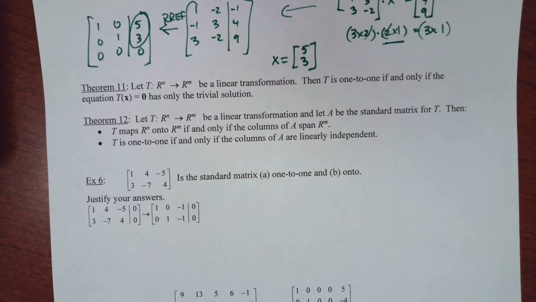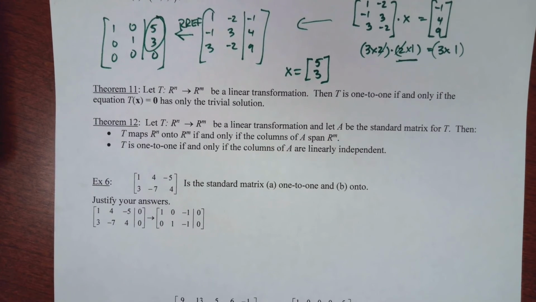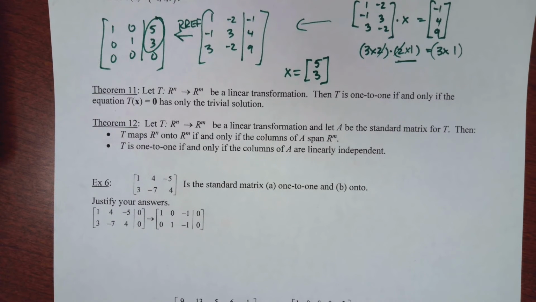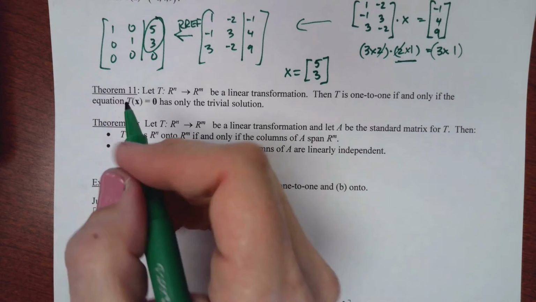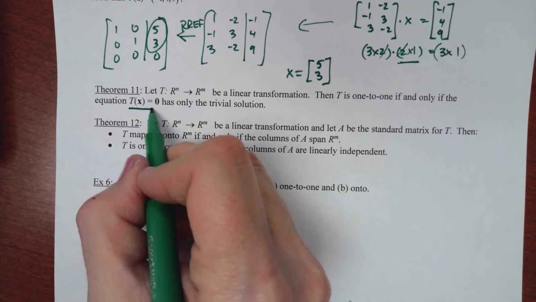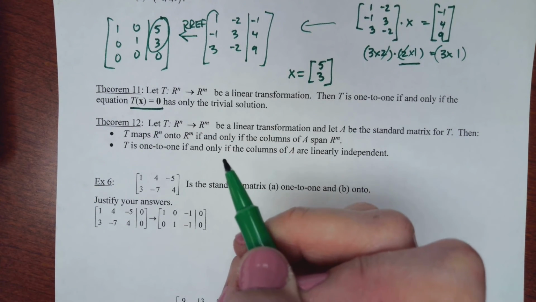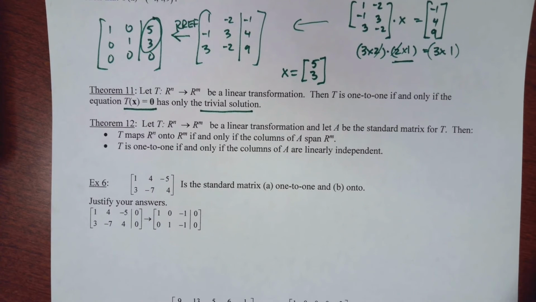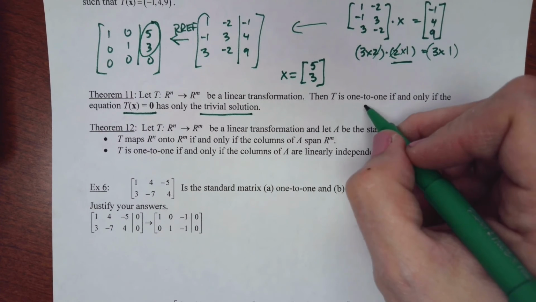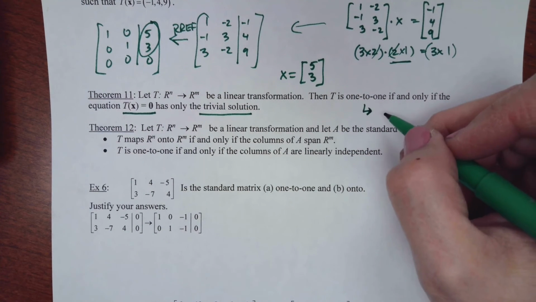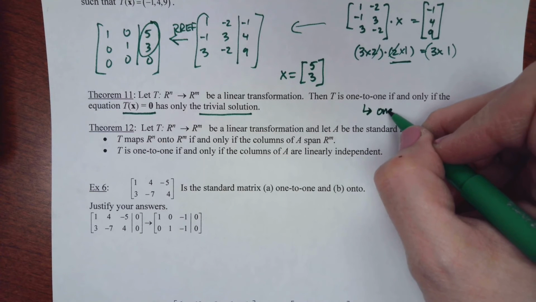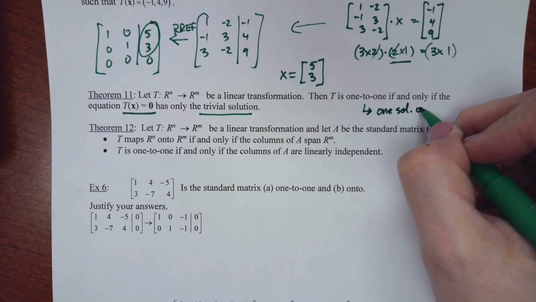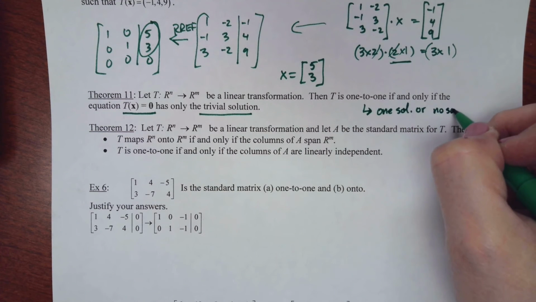Right. In Theorem 11 it says if you have a linear transformation, then T is one-to-one if and only if the homogeneous system of equations has only the trivial solution. Remember this, it's like a word game here. One-to-one means one solution or no solution.